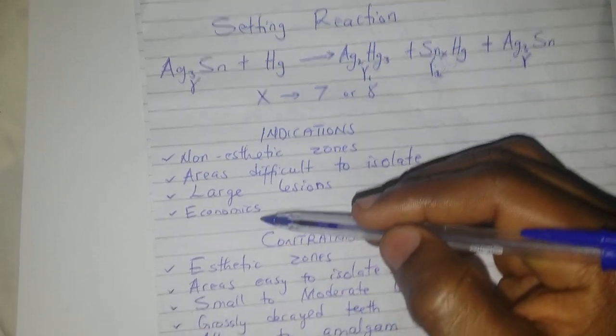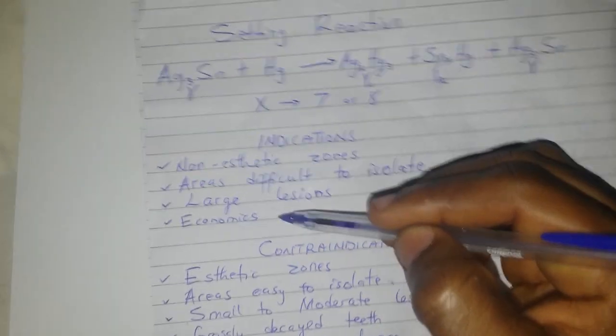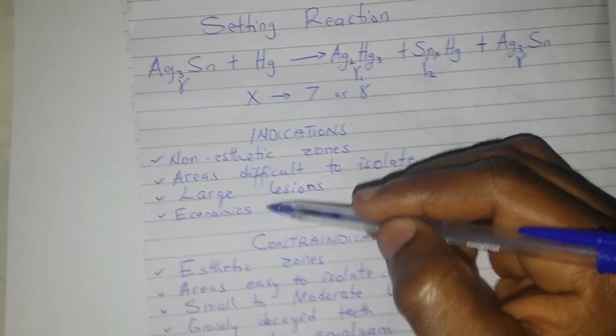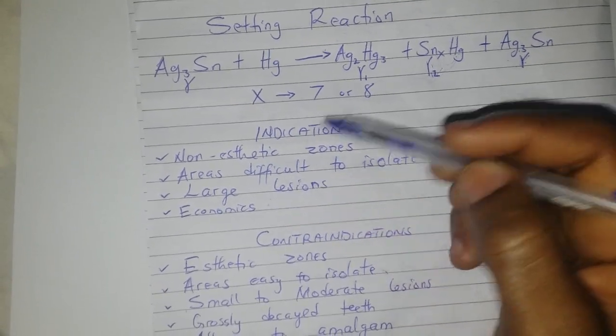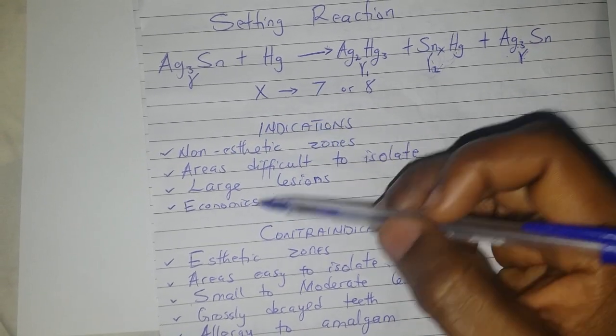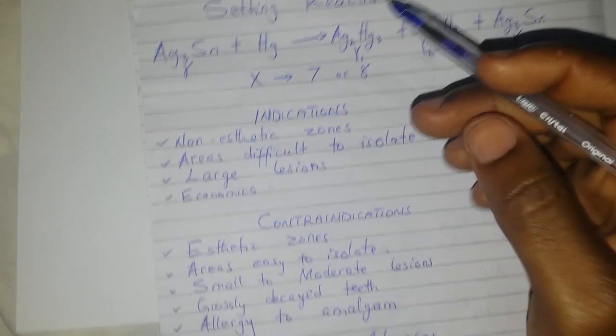And also economics. This is important because dental amalgam is relatively cheap compared to the newer restorative materials such as GIC, RMGIC, and composites. So when cost is a problem, one might opt for dental amalgam.